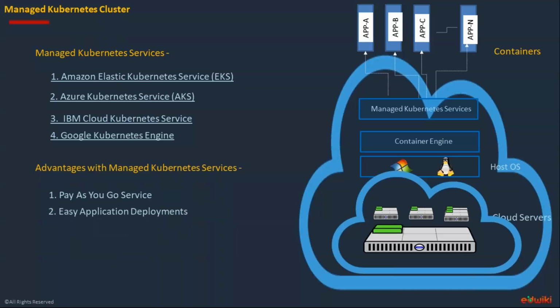And obviously, it's very easy to do application deployments because we don't need to worry about Kubernetes maintenance, and the operational overhead is eliminated. Let's say for any reason one of the servers goes down, AWS will take care of bringing it back. We don't need to worry about how to recover the instances.